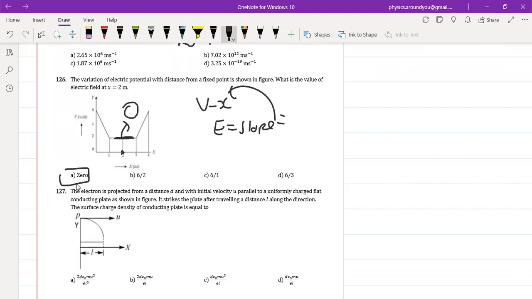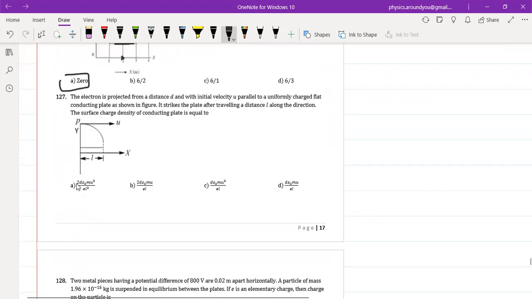Now, question number 127. It looks like a very long problem, but I guess you can do this by going by the basics. What is the basic concept? You have released an electron with velocity u parallel to a uniformly charged flat conducting plate.